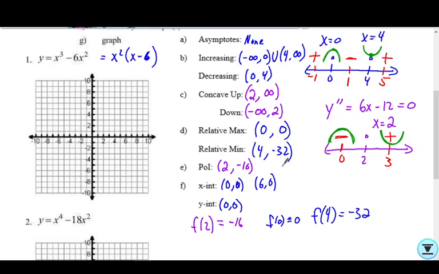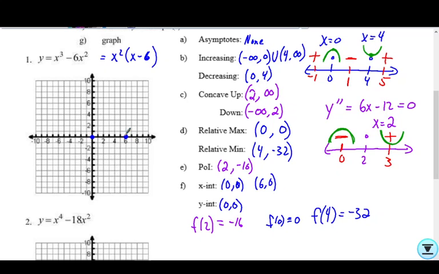Now that I have all of my information, I can start graphing my function. I start by plotting my coordinates. My x-intercepts are (0, 0) and (6, 0). My y-intercept is (0, 0) as well, so I don't have to put that. Now my y values are really big, so I'm going to count my y values by 10: 10, negative 10, negative 20, negative 30, negative 40.